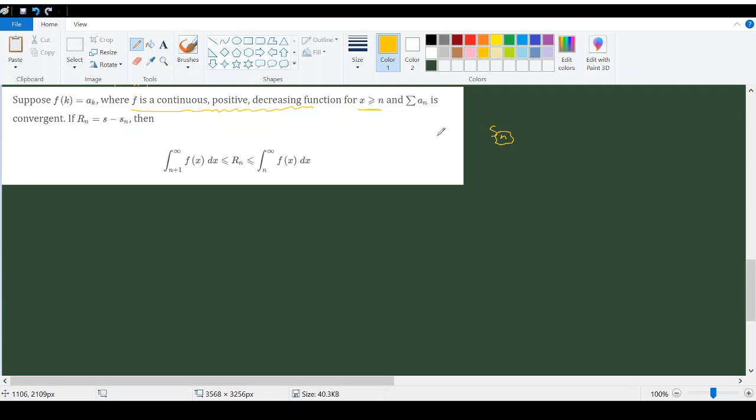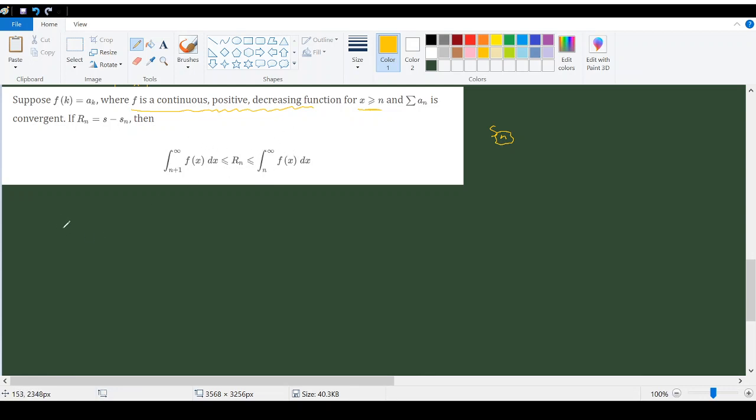All of this is true only when the series is converging, and the convergence of the series should be determined by a different test. Then the remainder will be in between these two values.